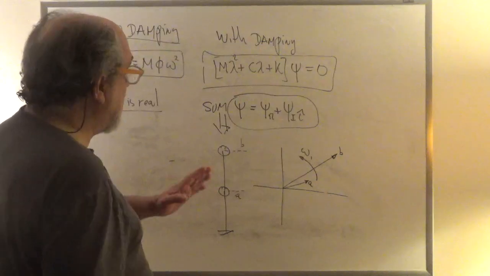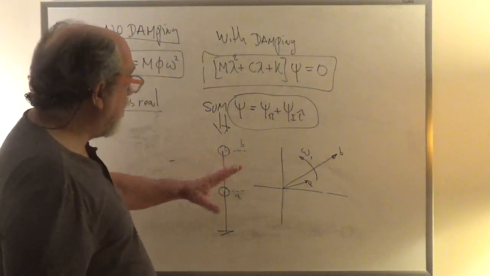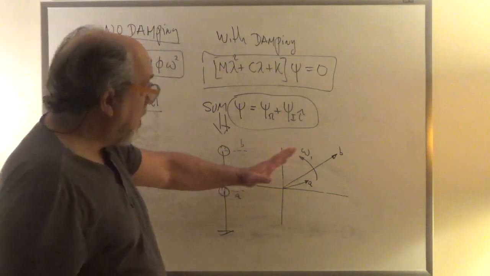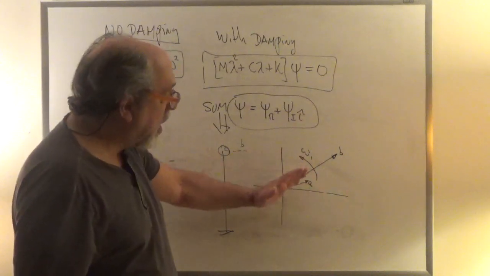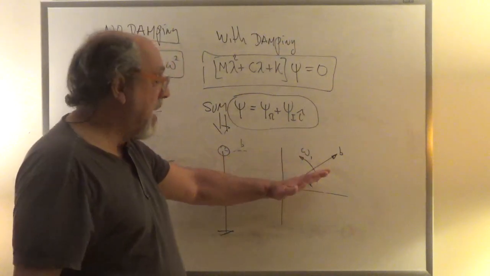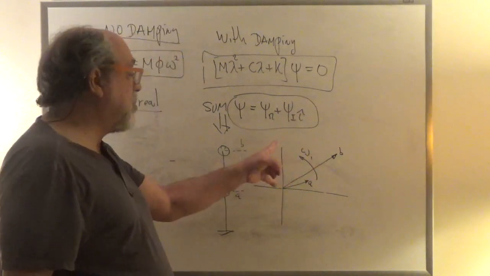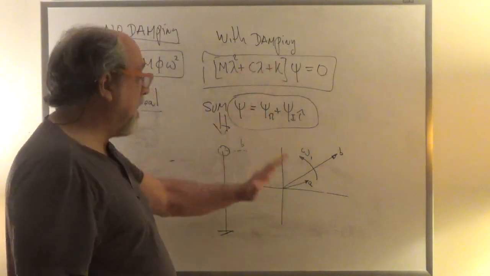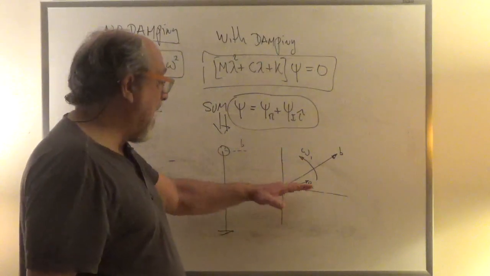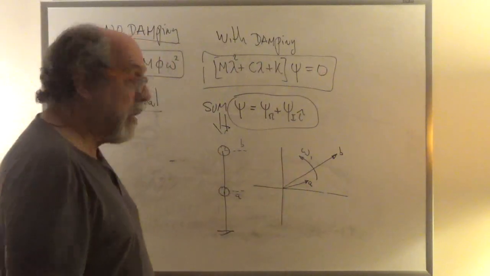So A and B do not get to maximum at the same time. Because if you put A at 3 o'clock, B has already passed, right? And as you go rotating counterclockwise, B will get to 0, that is, the shadow will get to 0, and then A still hasn't gotten there, and so on, right?